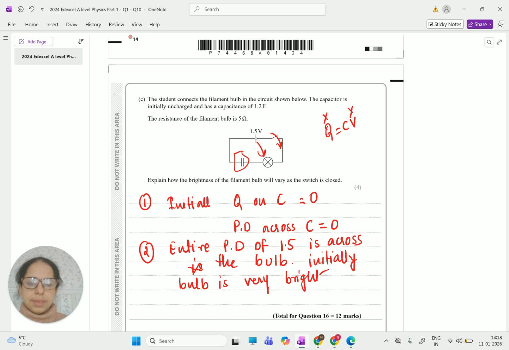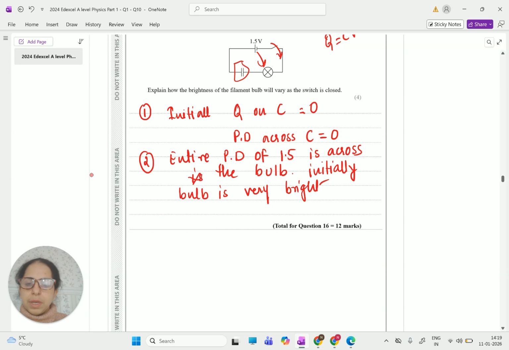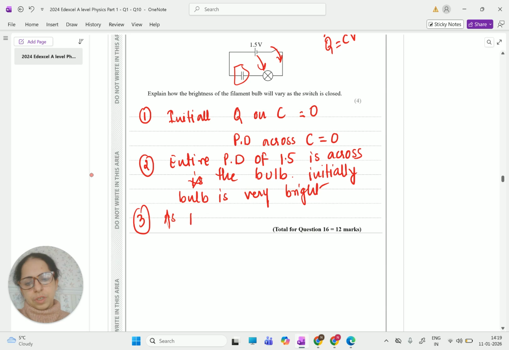Now as the capacitor charges up, the third point, as time passes by, the capacitor gets charged up.